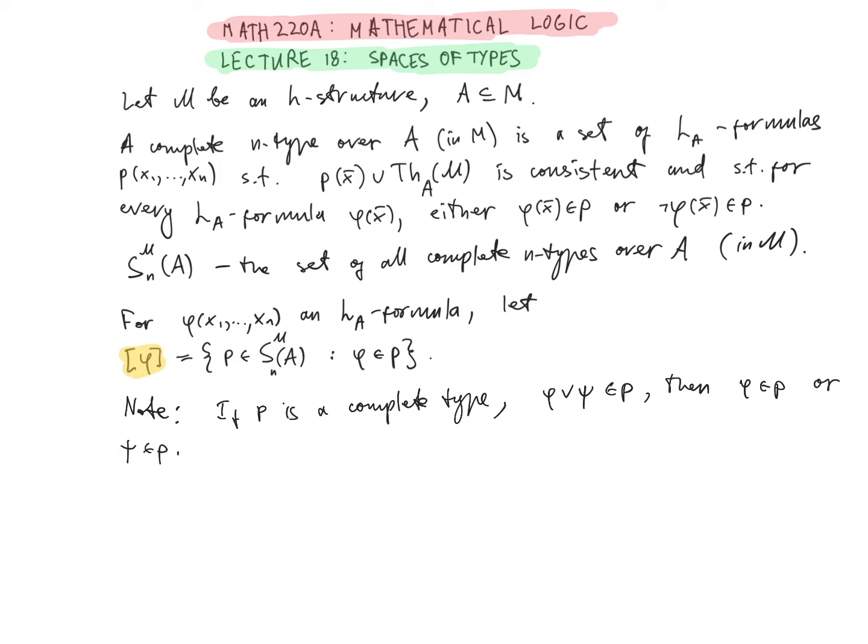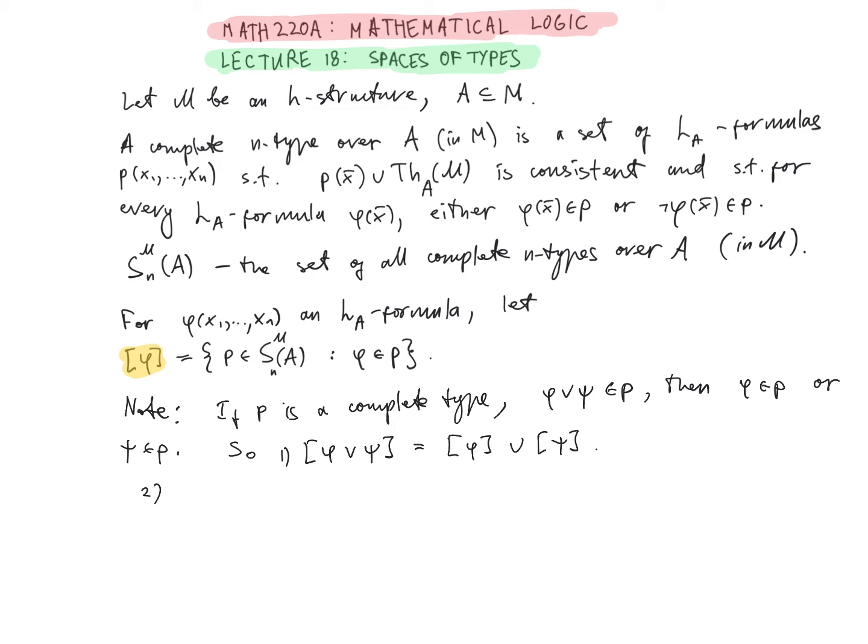This follows by completeness of the type. So the set given for the formula phi or psi is exactly the union of the set corresponding to phi and the set of types containing psi.